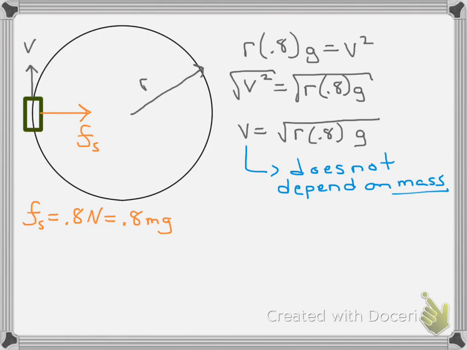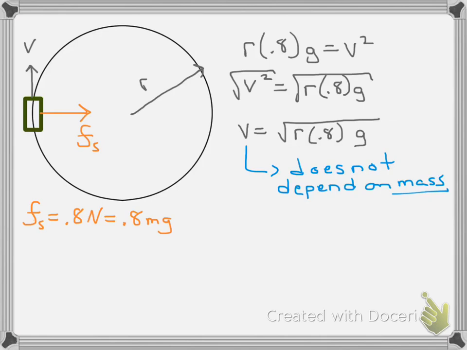You'll see that there's no mass in this equation anywhere. What this means is that the maximum safe speed a car can have, or any vehicle for that matter, going around a curve does not depend on the mass of the vehicle.